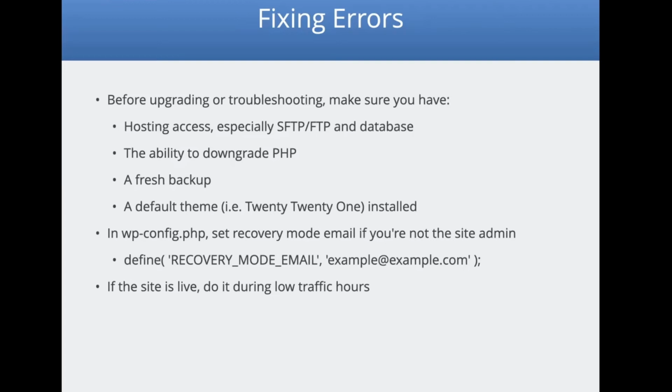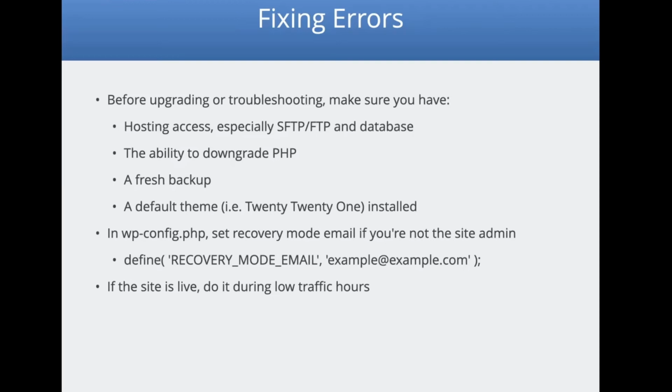Okay, and then the recovery mode email, that's in the wp-config.php file. There's all sorts of interesting things you can do in wp-config. You could probably do an entire presentation on that. And the recovery mode email, if you're lucky and you've never seen this before, then that's good.